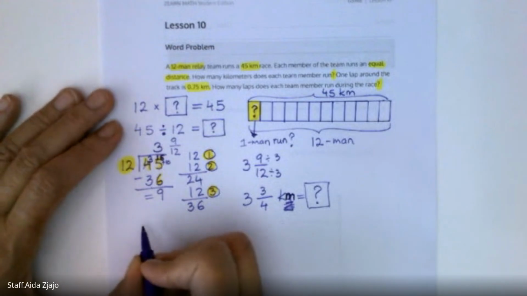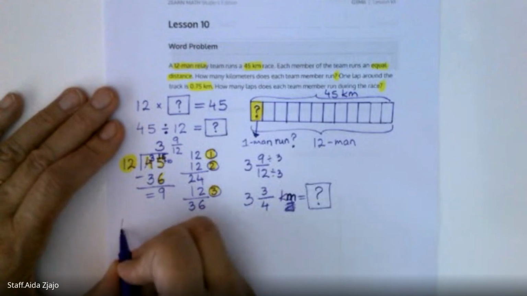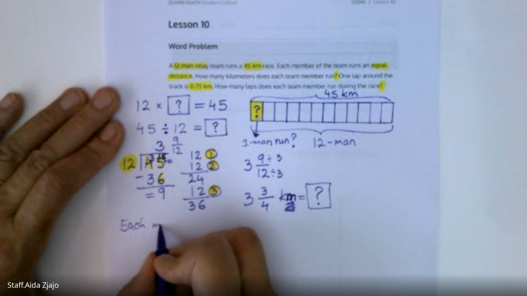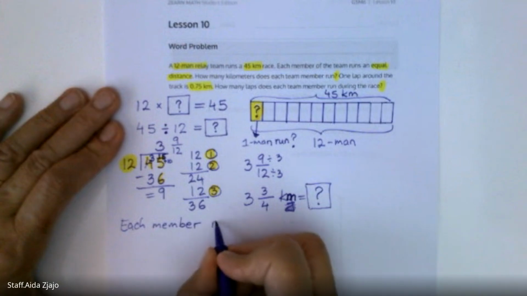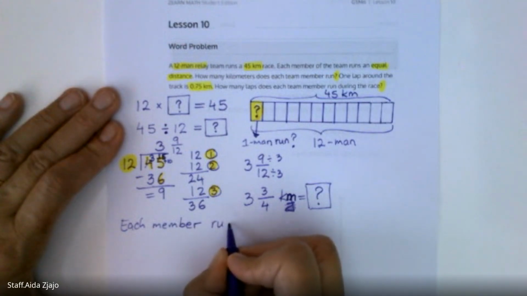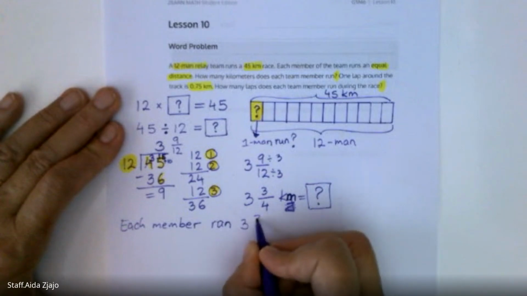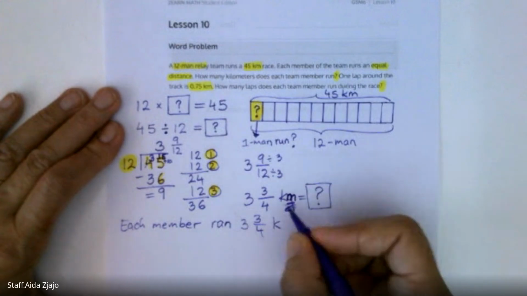So we can answer in writing. Each member ran 3 3/4 kilometers.